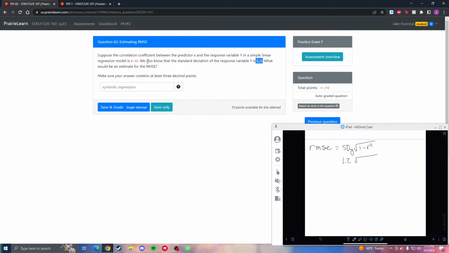R is given to us as 0.49, so 0.49 squared is 0.2401, so 1 minus 0.2401. I'm going to plug that into the calculator: 1.2 times the square root of 1 minus 0.2401. I get an RMSE of 1.046.